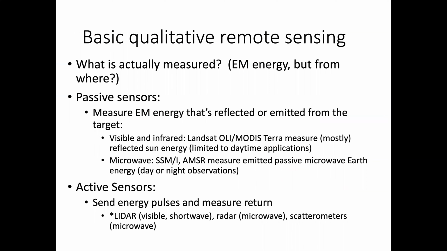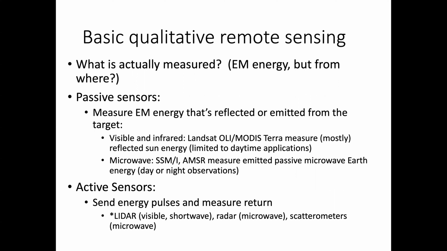So what is actually measured by satellites? Electromagnetic energy is measured, but from where? Passive sensors measure electromagnetic energy that is reflected or emitted from a target. In the visible and infrared spectrum, which we'll talk about shortly, sensors like the Operational Land Imager on Landsat and the Moderate Resolution Imaging Spectrometer, MODIS, measure reflected sun energy in the daytime.